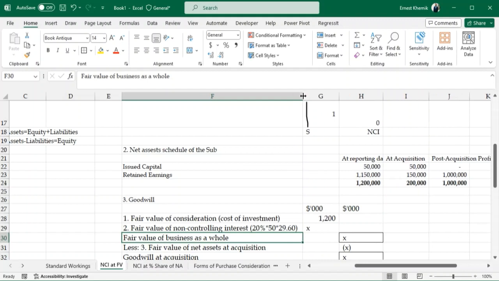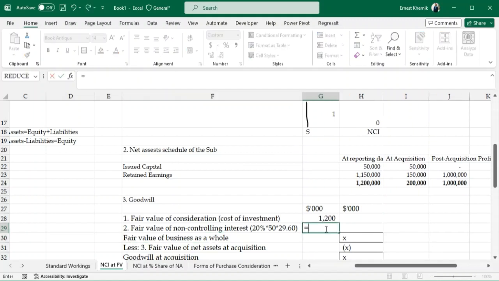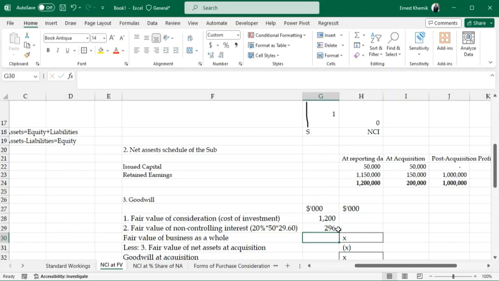Let me expand this for you to see. So I'll come here and do my calculation. That is going to be 20% times 50 times 29.60. So that is the fair value of the non-controlling interest at acquisition date.